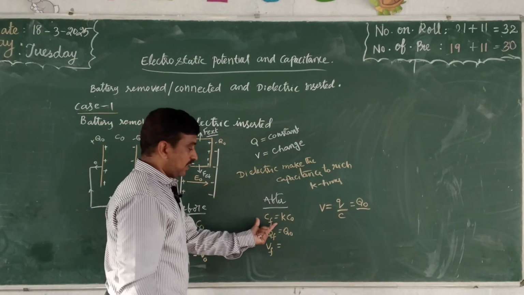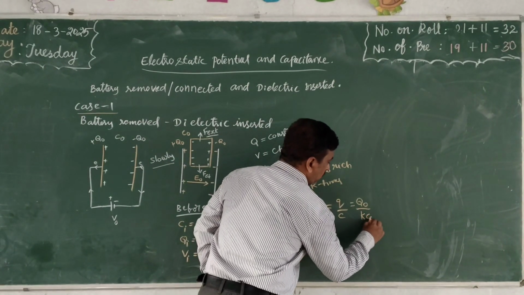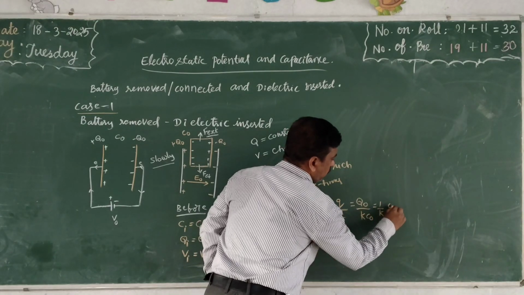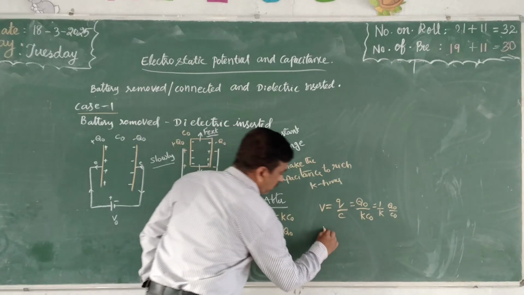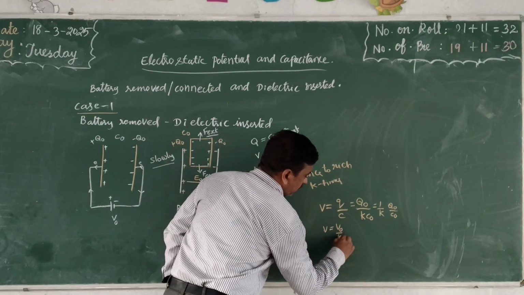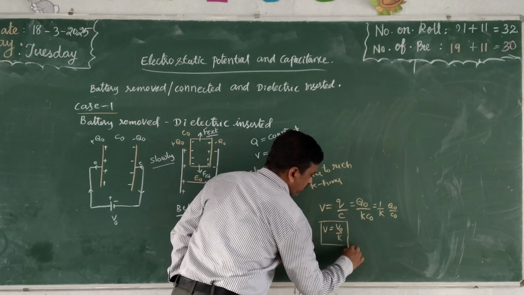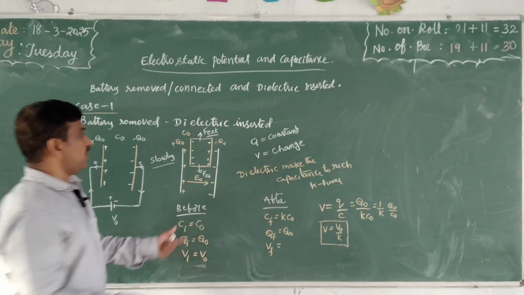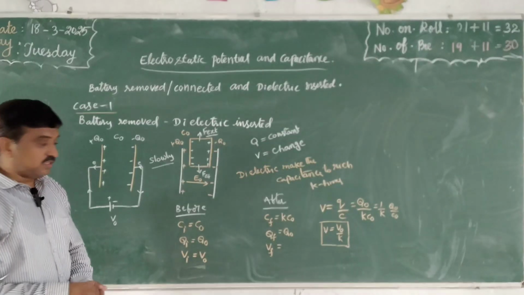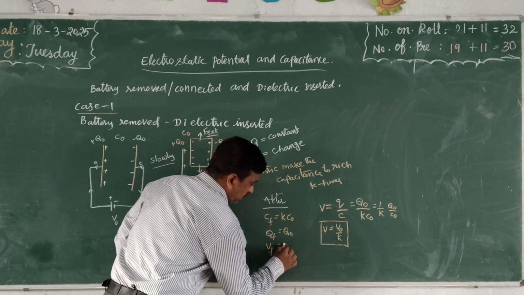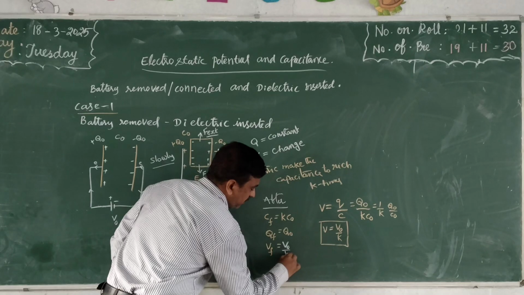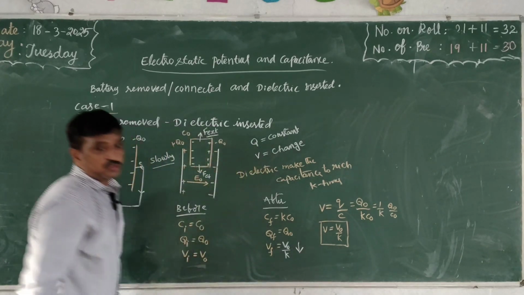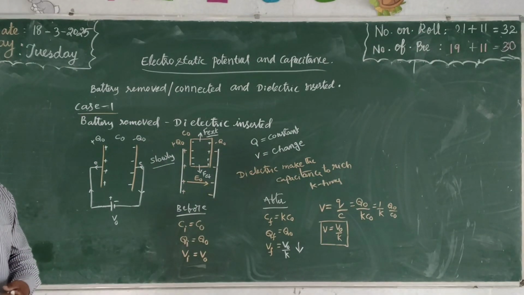So V equals 1 by K times Q naught by C naught, which gives V naught by K. The potential decreases K times when the dielectric is inserted and the battery is removed.